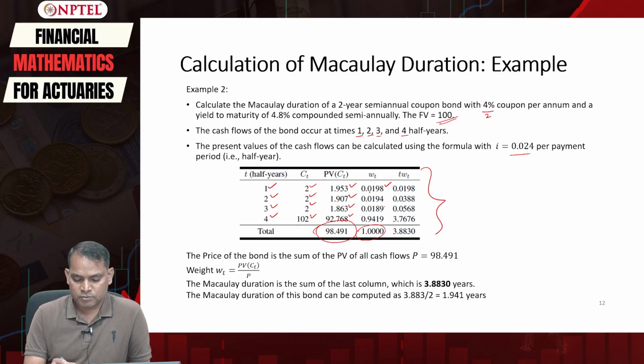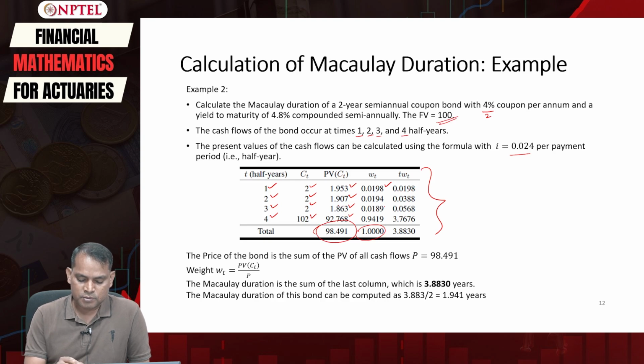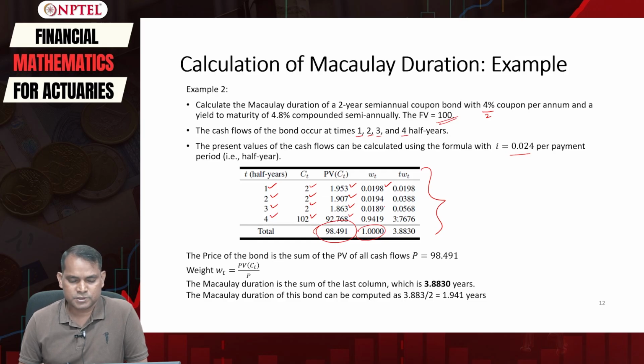So 1 multiplied by 0.0198 will be the same, 0.0198. 2 multiplied by 0.0194 is equal to 0.0388. 3 multiplied by 0.0189 is equal to 0.0568, and 4 multiplied by 0.9419 is equal to 3.7676.